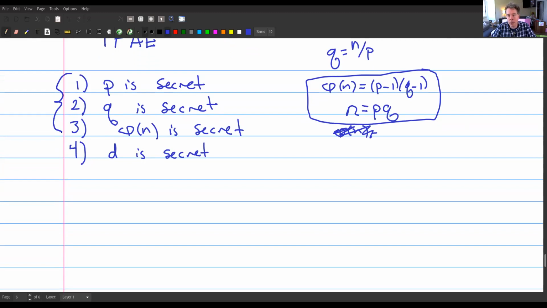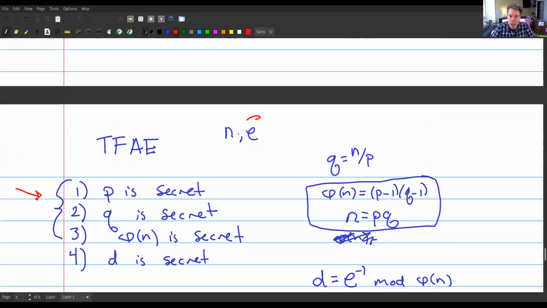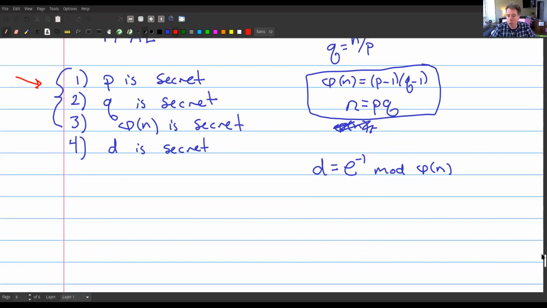And in this case, if you know one of these three things, it's easy to see how you can then know d, because d is just e inverse mod phi. So if you know any of these three things, then you also know phi of n, and you know e because it's public information, and then you can easily compute d, which is the inverse of e mod phi. They're all related to each other.